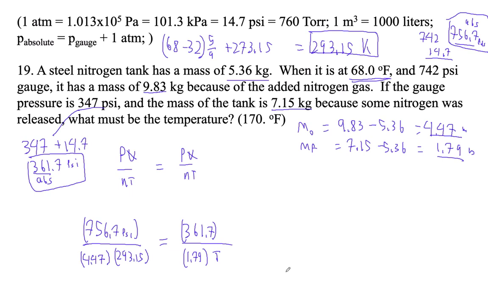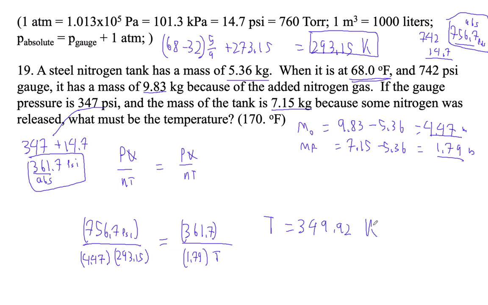So let's go 361.7 times 4.47 times 293.15 divided by 1.79 divided by 756.7. And this will be a temperature in kelvins.